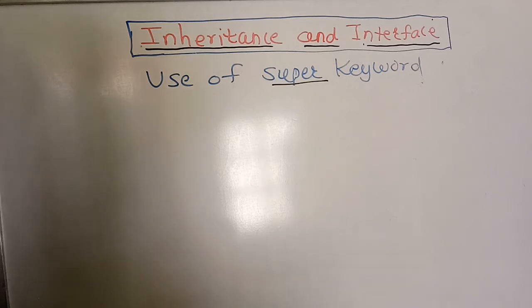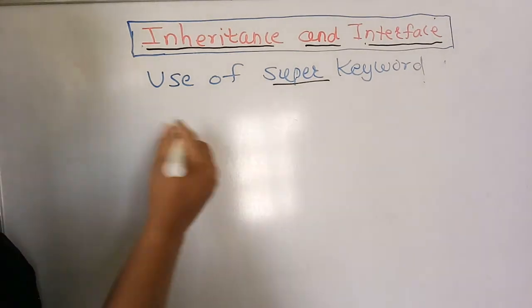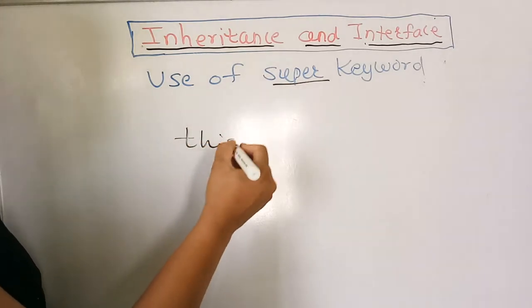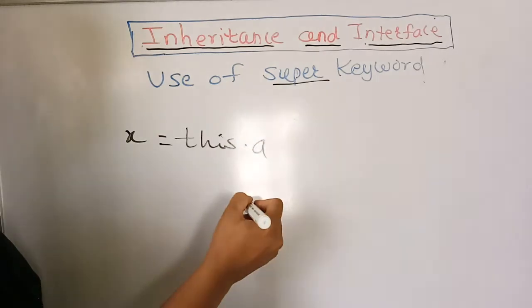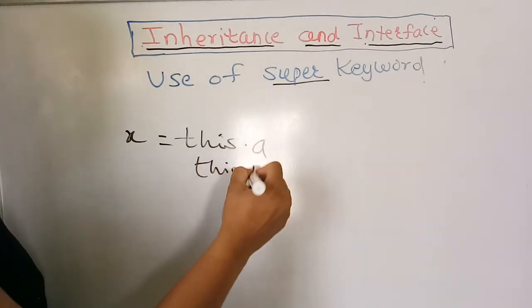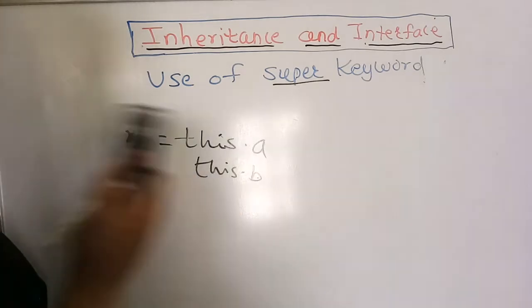But how to use the super keyword to access the superclass members? That is another beauty of super. In the derived class constructor, we use something like x = this.a or this.b, meaning we are passing the members to the base class members.